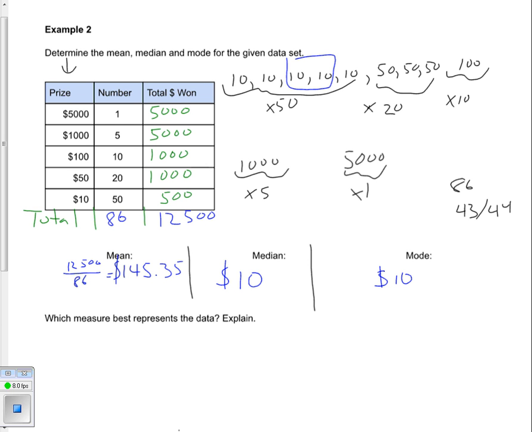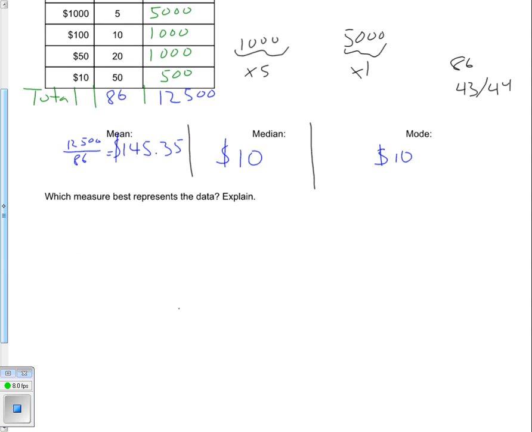You have to ask yourself, which measure of central tendency is best reflective of this particular situation? Is it the mean, the average? Is it the median? Or is it the mode? Well, the median is $10. That means that half of the winnings are $10 or less, and half of the winnings are $10 or more.